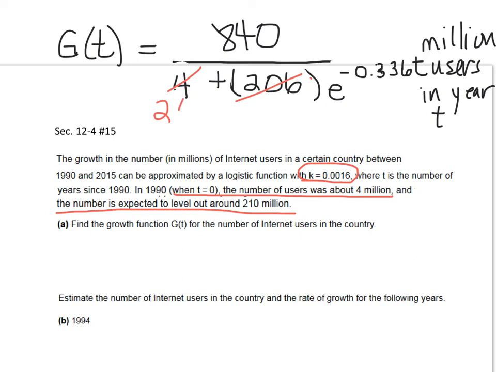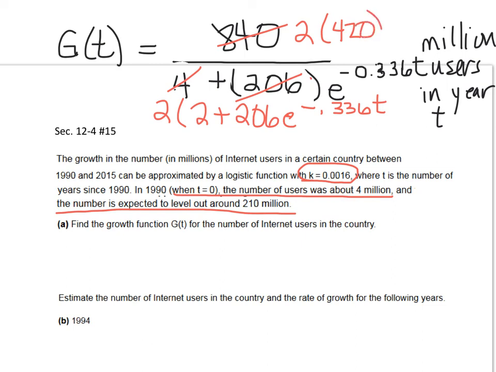And the denominator will become 2 times 2 plus 206e to the negative 0.336t. And we'll also factor out a 2 from the numerator so that the 840 becomes 2 times 420. And take out both of those 2's.